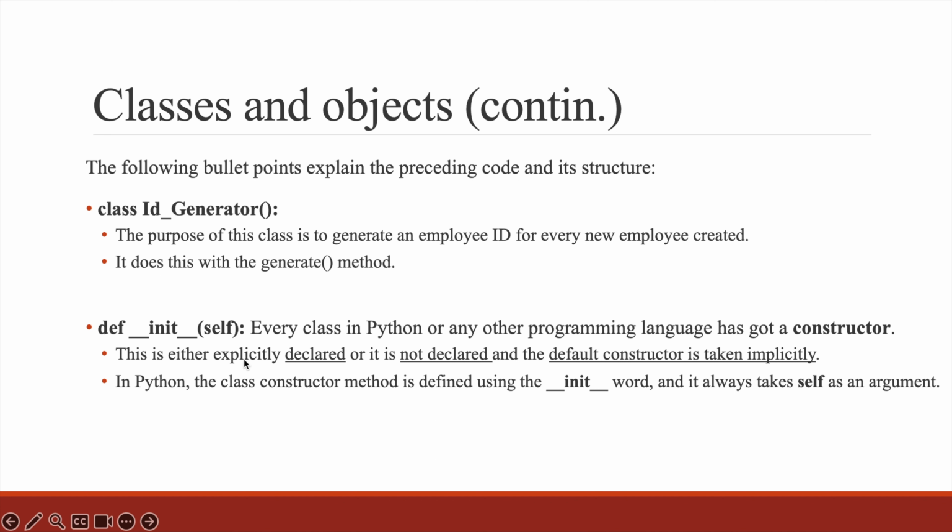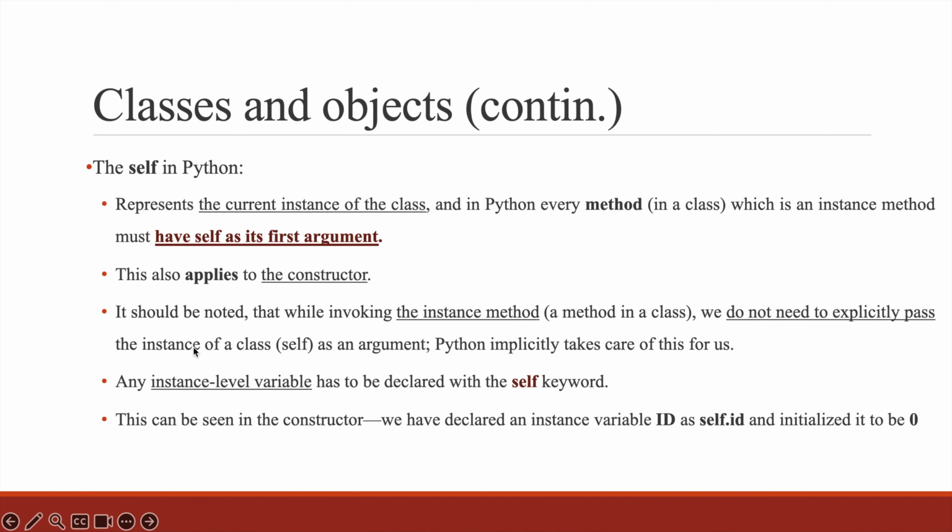So we can either declare it explicitly if we have values to be initialized, or if we don't declare it explicitly, then an implicit constructor will be created. And we have to always pass the self argument. So what is the self argument?